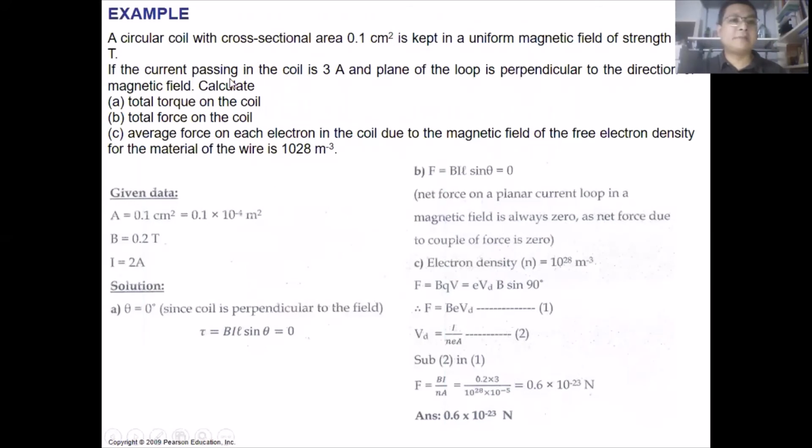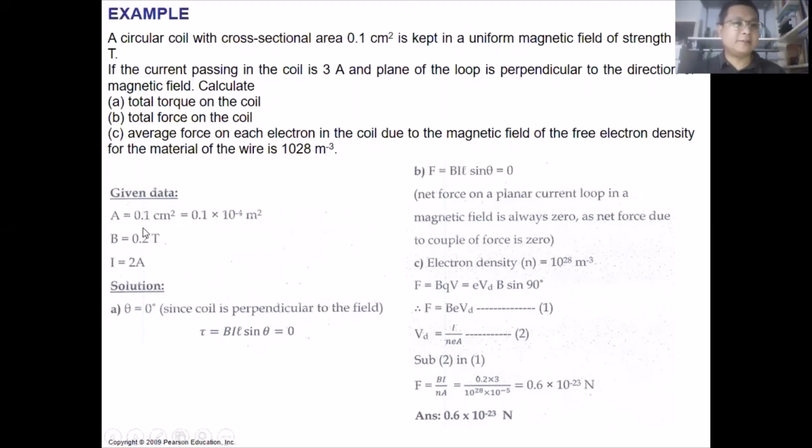If the current passing in the coil is 3 ampere and the plane of the loop is perpendicular to the direction of the magnetic field, calculate A, the total torque on the coil, B, the total force on the coil, and the average force on each electron in the coil due to the magnetic field, if the free electron density of the material of the wire is 10 to the power 28 per meter cubed.